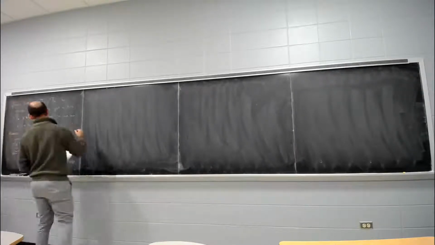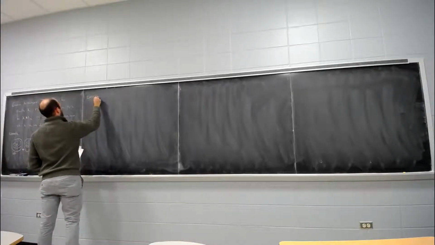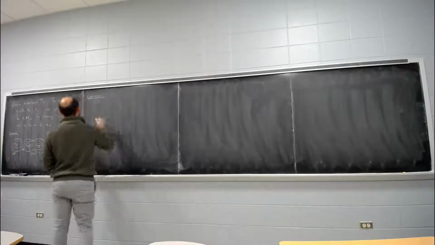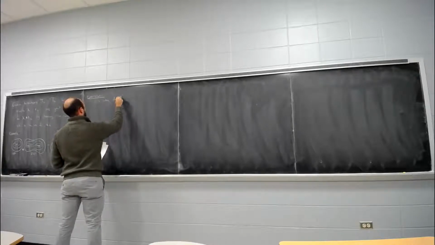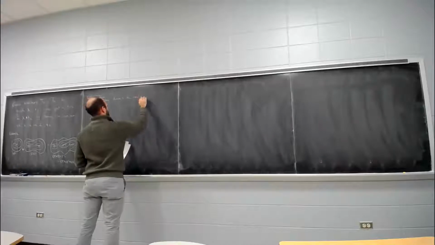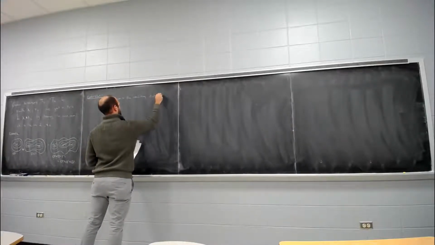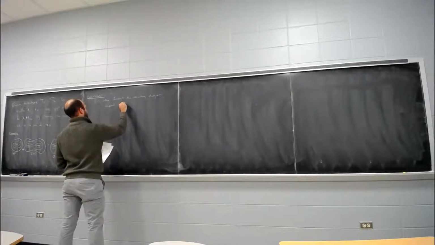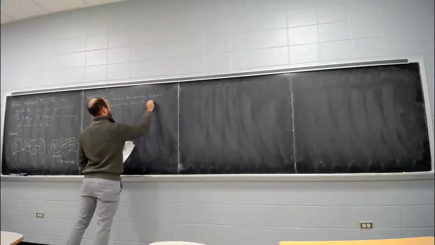So a couple of exercises. The first exercise, I'll pose as a question: why doesn't the resulting diagram depend on the choice of connected sum points?